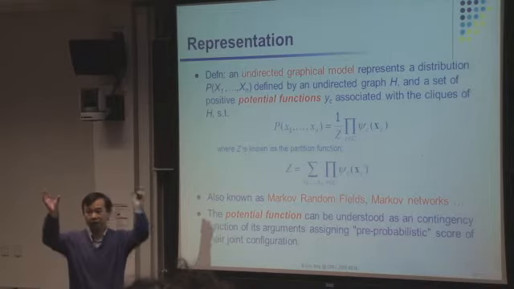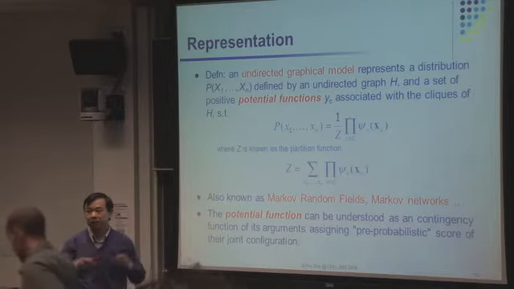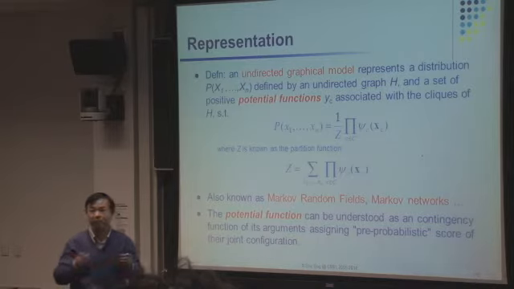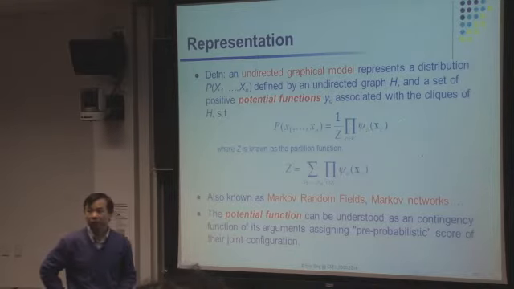For example, if two labels are likely to be similar, I give them a coupling strength of 10, for example, and otherwise I give them a coupling strength of minus 10 or whatever, or 5 or stuff like that. You can put any number there, but at the end of the day, the consequence is that after you multiply all this, they do not give you a probability of 1.